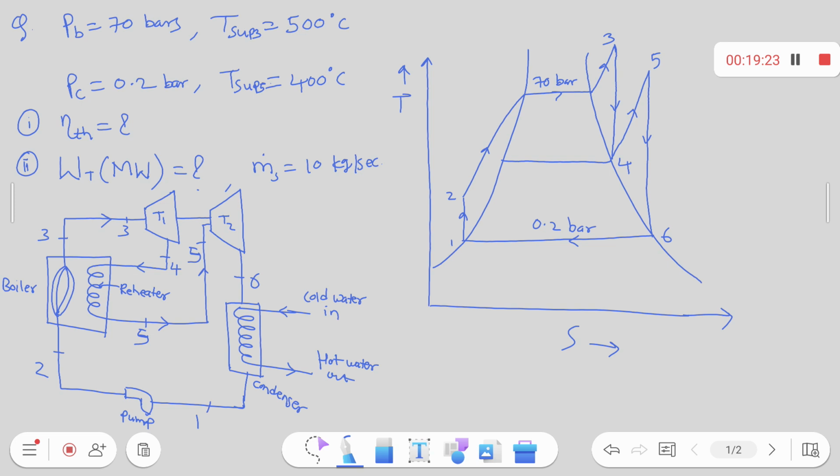Using that intermediate pressure and temperature, the temperature at point 5 is 400, so by using that pressure and temperature we can calculate the enthalpy. And how to calculate enthalpy at point 6? Isentropic process, vertical downward line, till it touches the saturated vapor line. So at that point we will get H6. Right? So let us see how to calculate this.